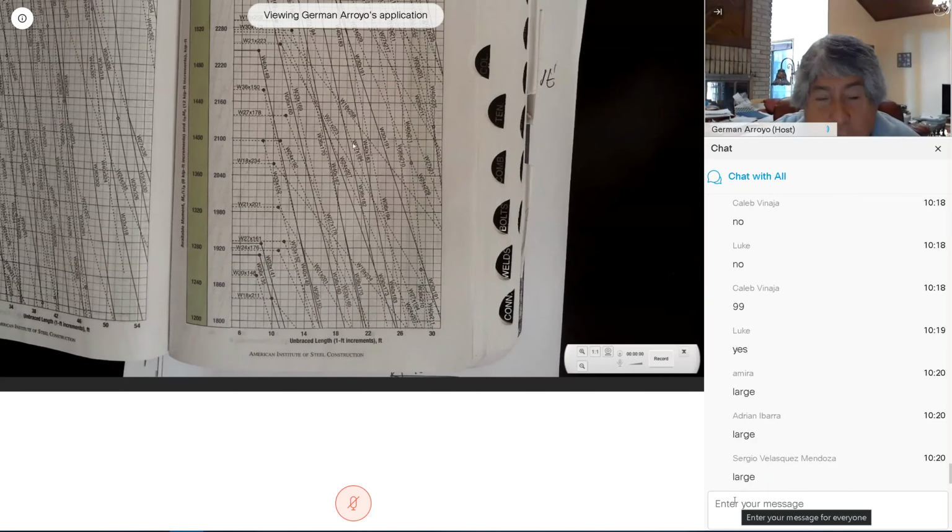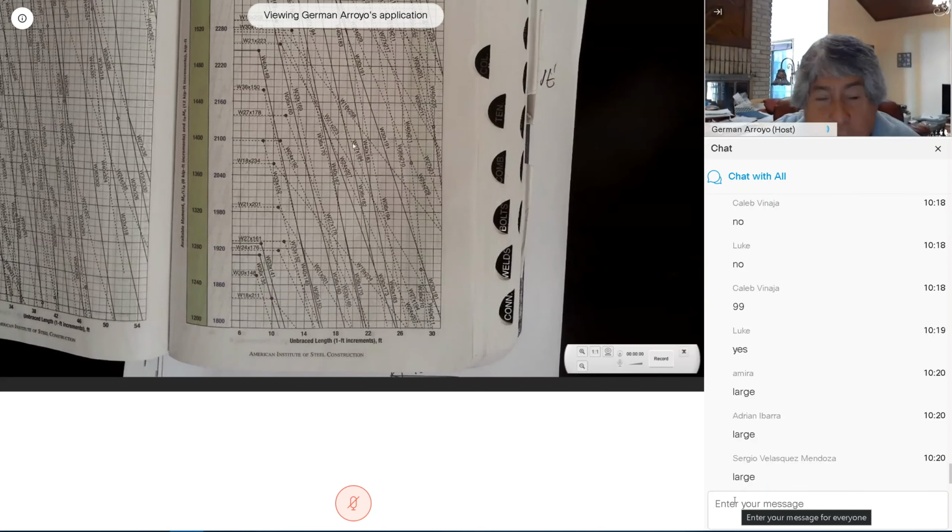Okay. Where is the maximum moment? If you look at this in here, where is the maximum moment?